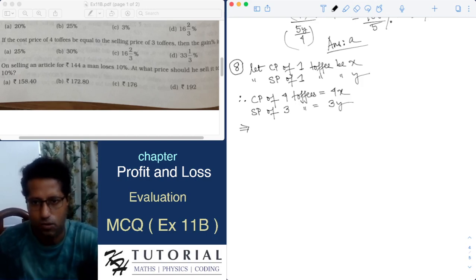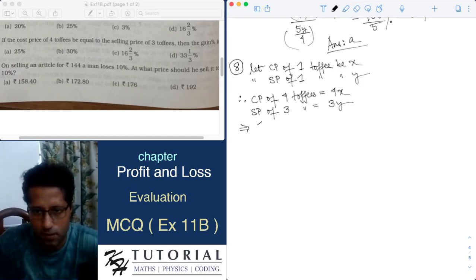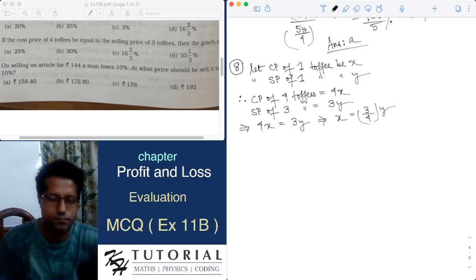It is given that the cost price of 4 toffees is equal to the selling price of 3 toffees. So we can say now that 4x equals 3y. This implies that x equals 3 by 4 into y.